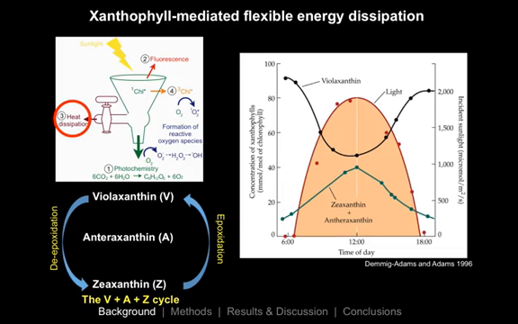As that sun increases throughout the day, we see with the black line decreases in the concentration of violaxanthin and increases in those photoprotective pigments, zeaxanthin and antheraxanthin. So throughout the day, this particular plant is turning the sunscreen on and then again ramping the sunscreen down.